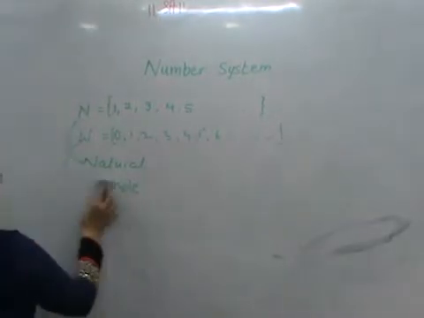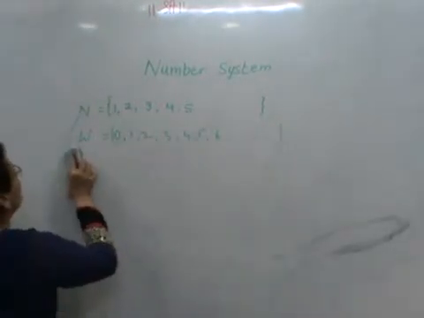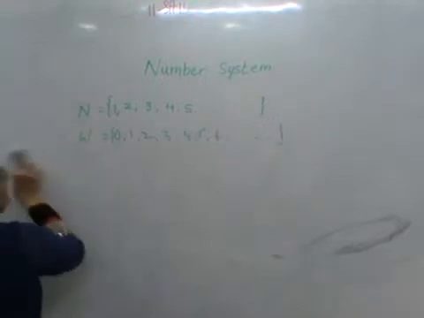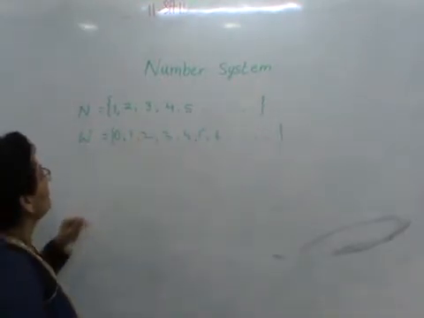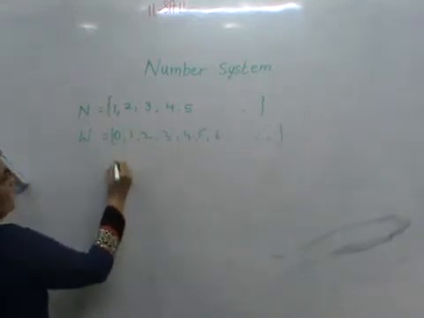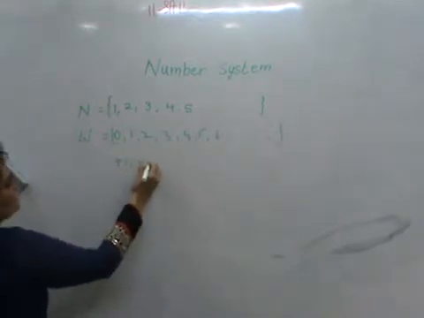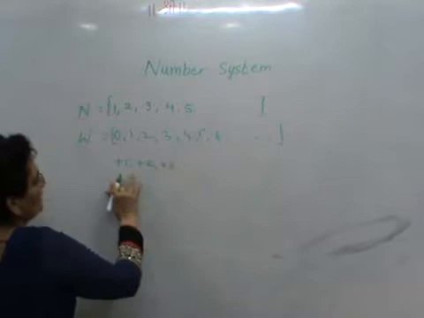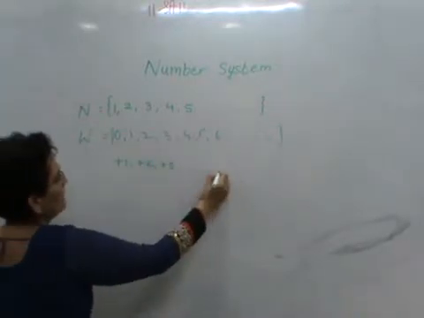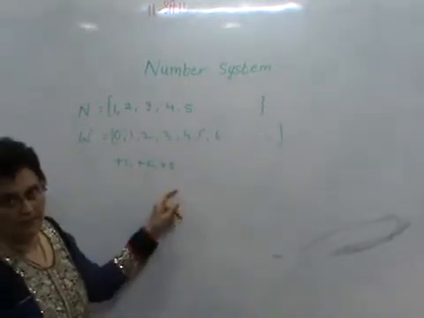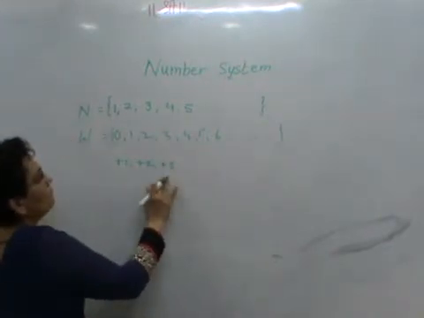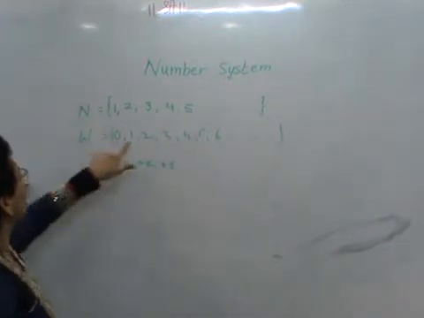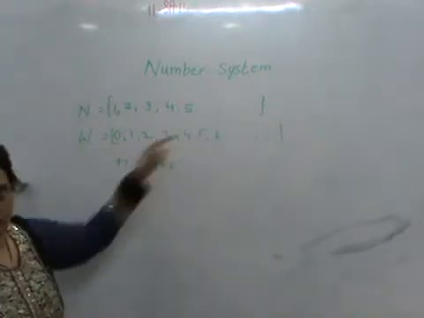Okay, now all these numbers, they don't have a sign in front of them. So naturally we think they are plus 1, plus 2, plus 3. We think of them as positive numbers. So they are called positive numbers because they do not have a sign in front of them.